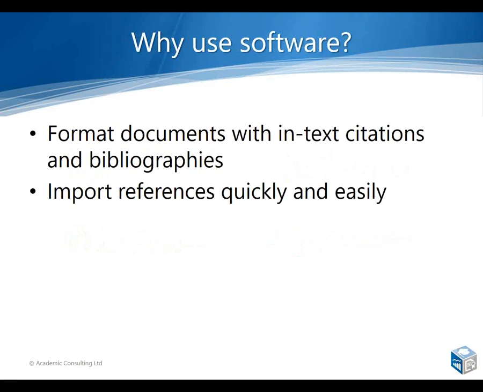But back on version 2, we actually had to manually enter our citation information in. So it all had to be typed up and entered into the database. These days with software, we can actually just be doing an internet search. We can be on the university library databases, and with a click of a few buttons, our citation information comes into our own personal database. Now, it's not quite as straightforward as that, as I will be talking about this morning, but I'll leave that one there for now.